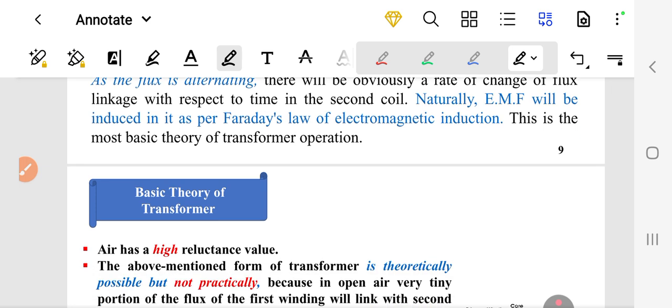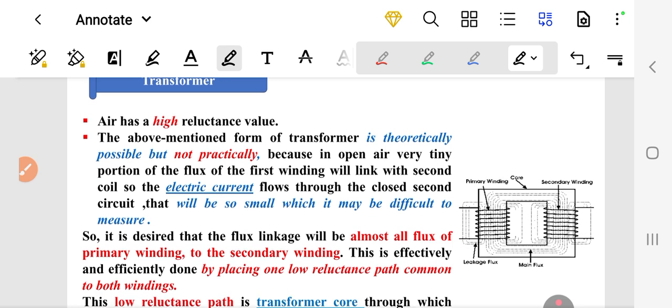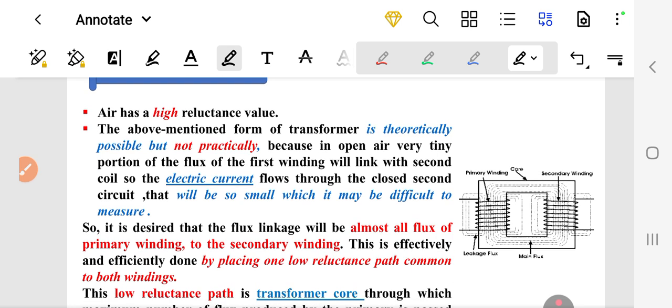But is that basic transformer ideal? No. Because air has high reluctance, and the reluctance is a resistance to the flux passage through the material. Therefore, the above mentioned form of transformer is theoretically possible, but practically impossible, because in open air, a very tiny portion of the flux of the first winding will link with the second coil.